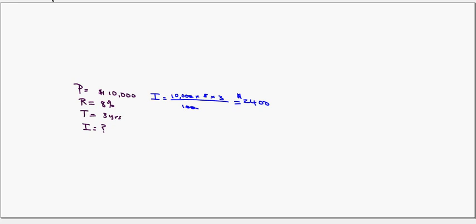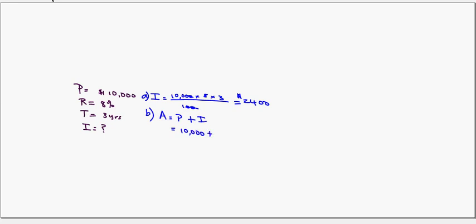Find the amount accruing for the loan. In other words, what's the total amount that this person has to pay back? Amount accruing is the principal plus the interest. And we know the principal was $10,000.